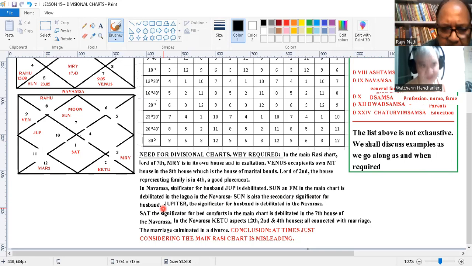Jupiter, the significator for husband, is debilitated in the Navamsa, as already mentioned. Saturn, the significator for bed comforts, that is the Lord of the 12th house in the main chart, is debilitated in the 7th house of the Navamsa.